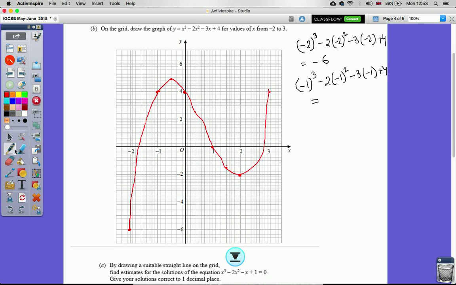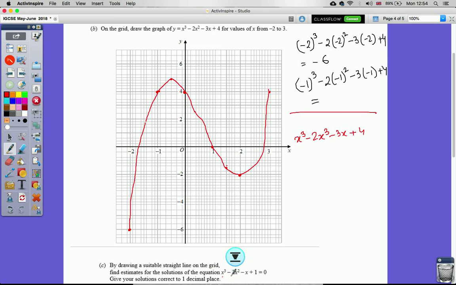So you see, my initial equation was x cubed minus 2x squared minus 3x plus 4, right?